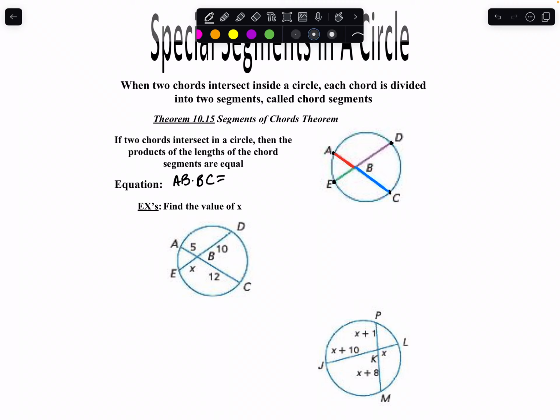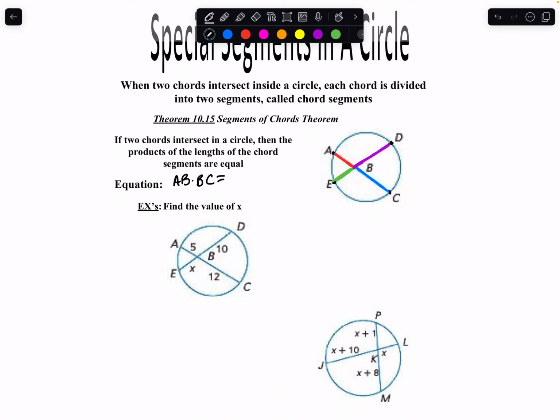So we're going to say EB times BD. So a part of the chord times the remainder of that chord will equal the product of the other two.